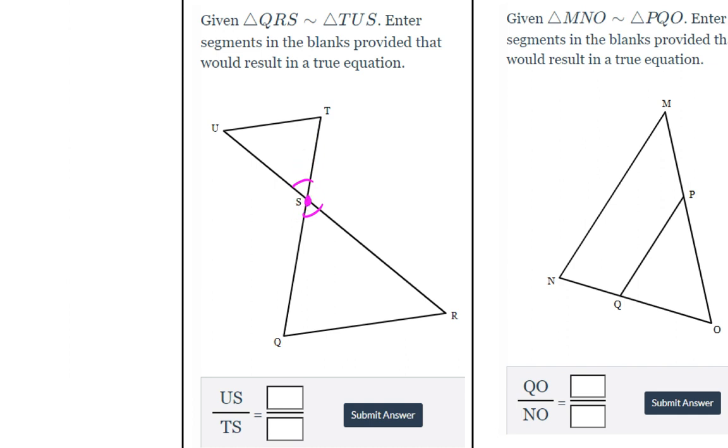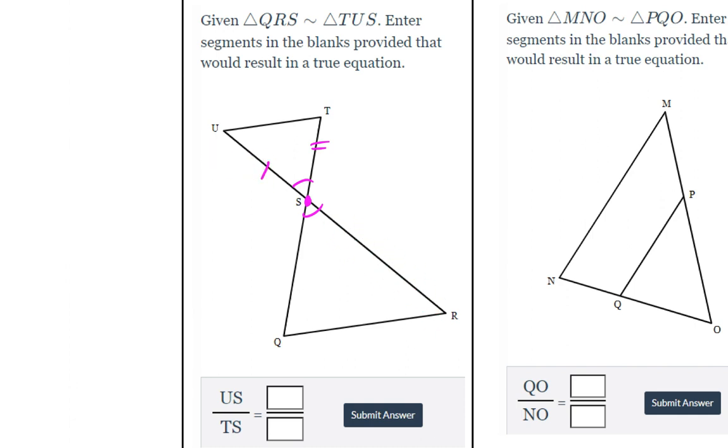Okay, so this one to this one, right? Well, let's look. Look, if this angle goes in between, here's how we know. This one is going to correspond with this one right over here.